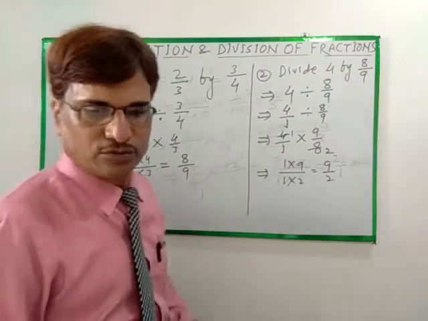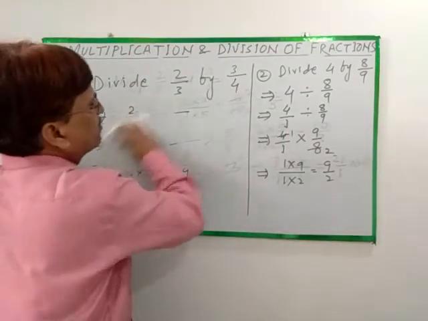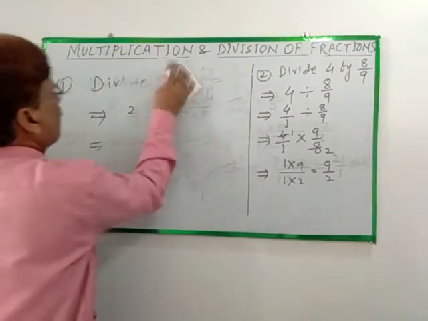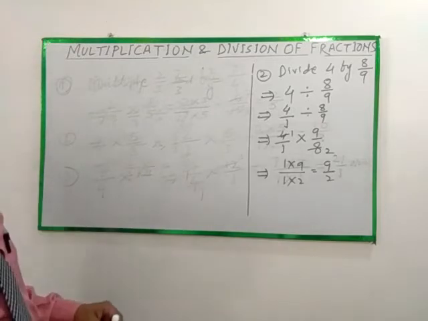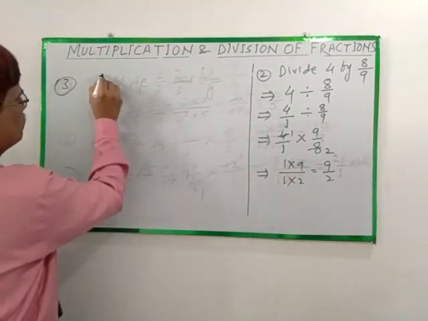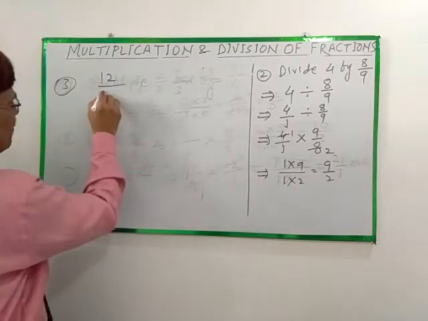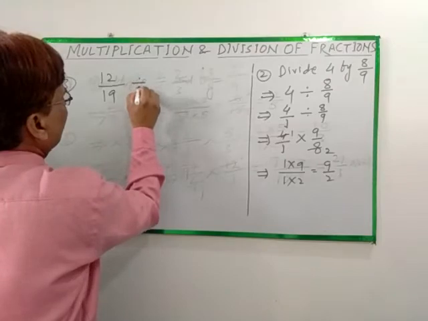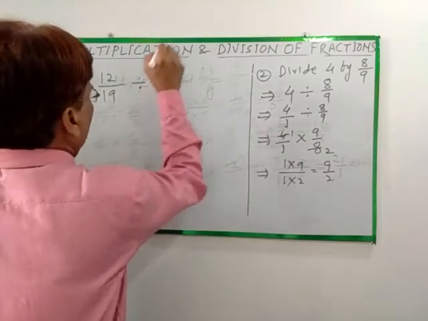Okay, now we take some more examples of division. Third, 12 by 90 divided by 4.